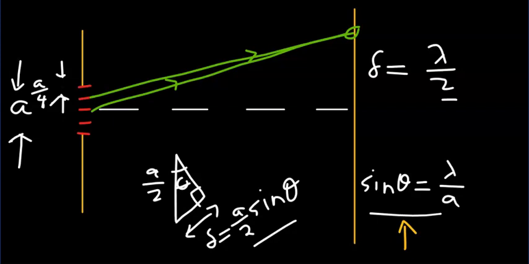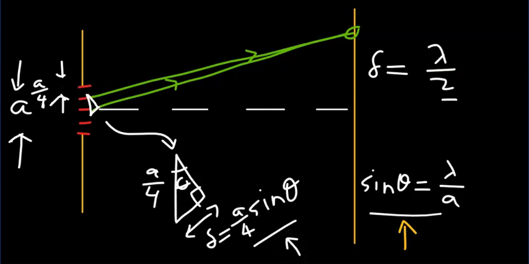And there still will be a difference in the path they travel in terms of distance. And the difference in the length they travel can still be represented by such a right angle triangle. The only difference now is that the path length difference delta will no longer be a over 2 sine theta, because this distance is a over 4, so delta will be a over 4 sine theta.